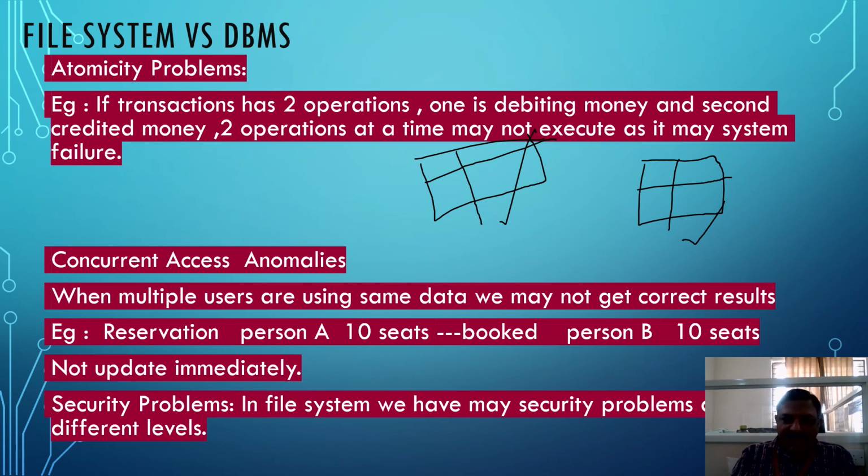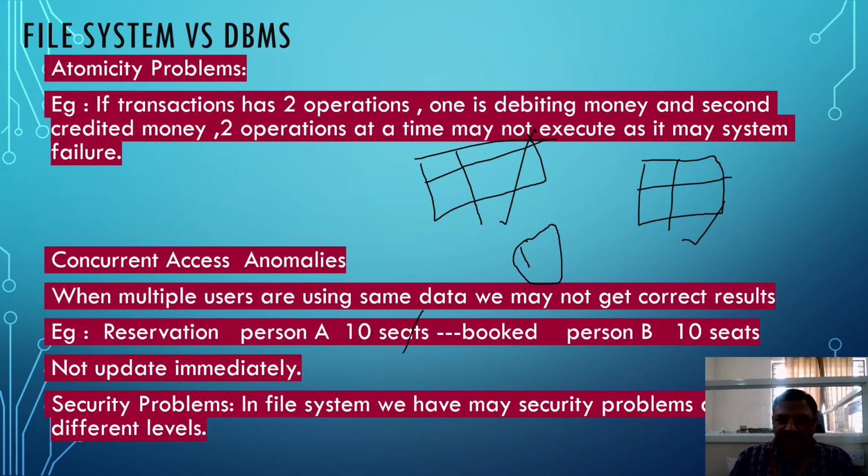For example, if you go to a reservation counter, there are say 10 seats. There are 10 seats in reservation, they are available. I booked one seat. Then what happens? My friend also wanted a reservation. He'll ask me, I told there are 10 seats available.